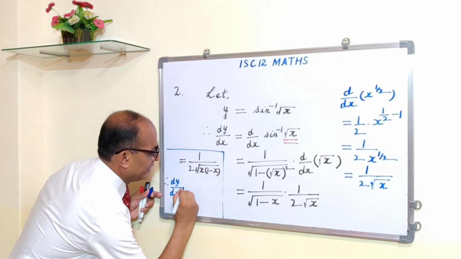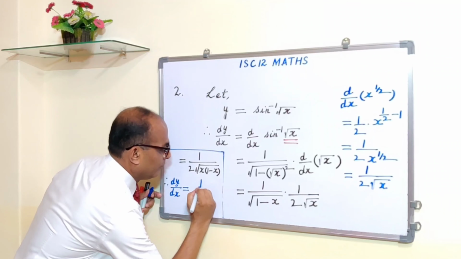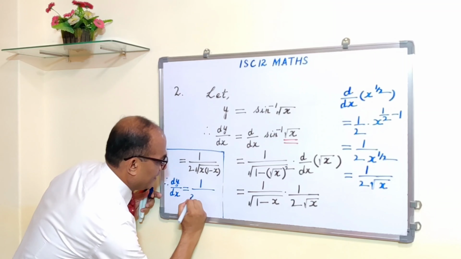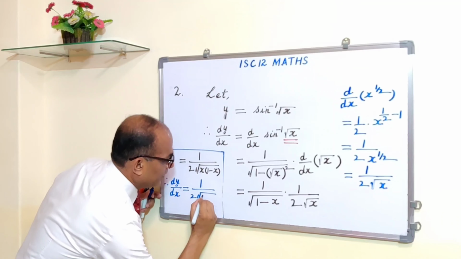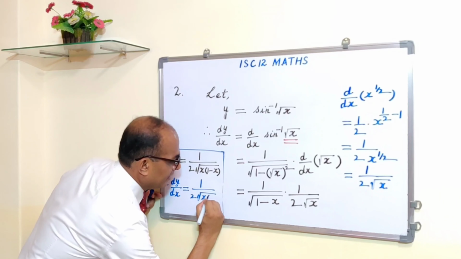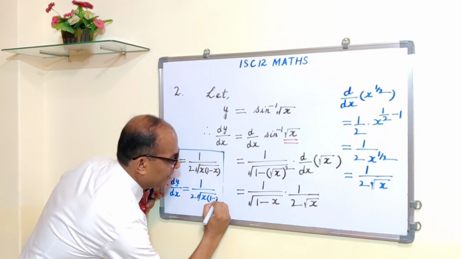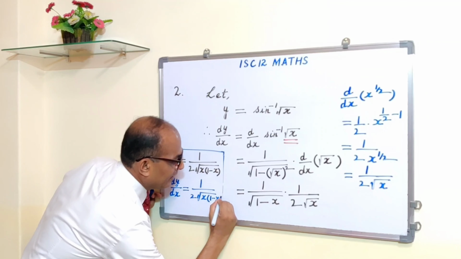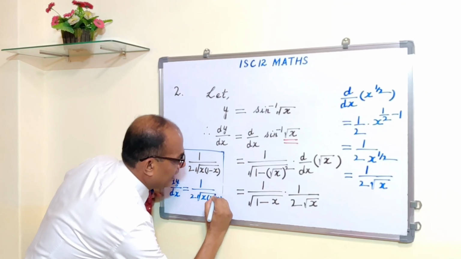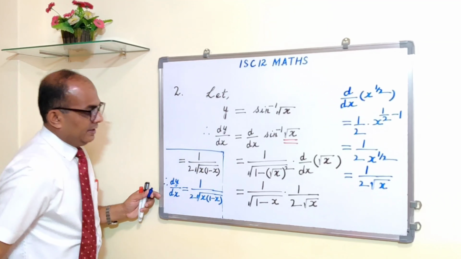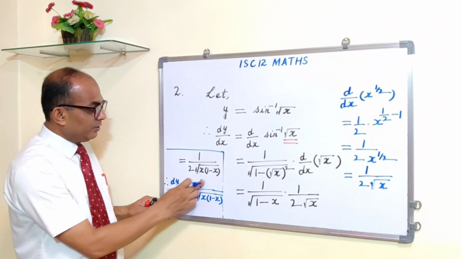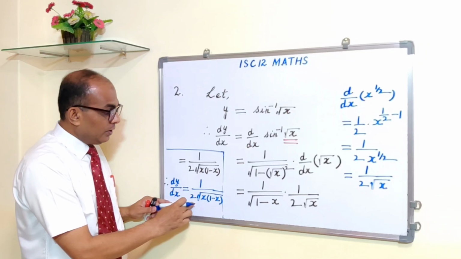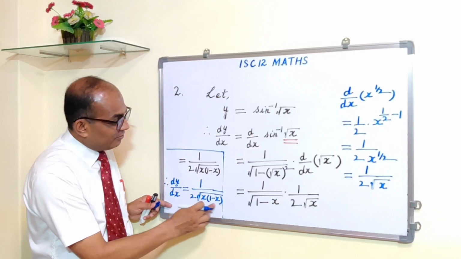dy upon dx is equal to 1 over 2 root x, 1 minus x. This is the answer. dy upon dx is equal to 1 over 2 root x 1 minus x.